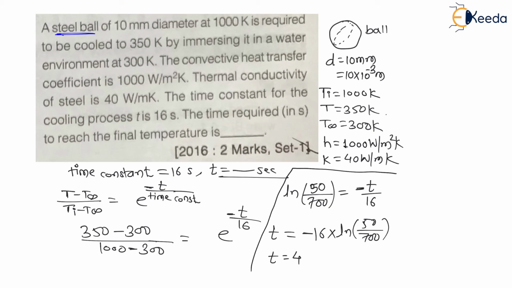Then you will get 42.23 seconds. This is the time required to cool this steel ball from 1000 Kelvin to 350 Kelvin in a water environment. Here in the fill in the blanks they are asking for the answer in seconds. Therefore your answer is 42.23.